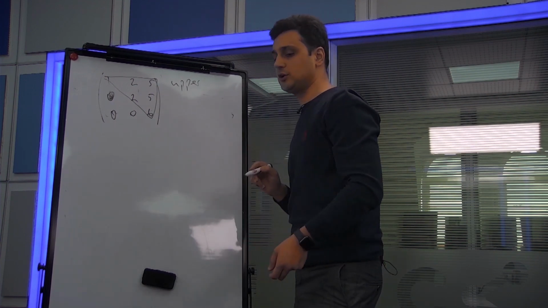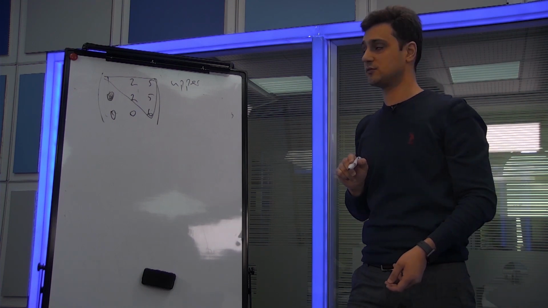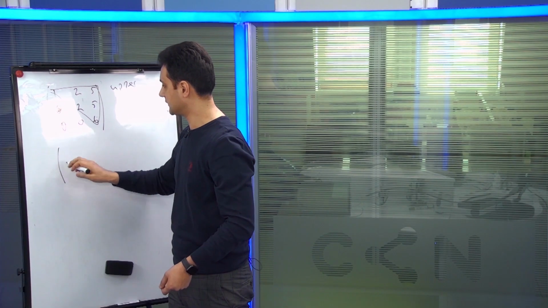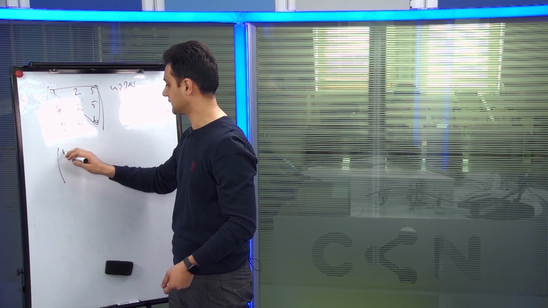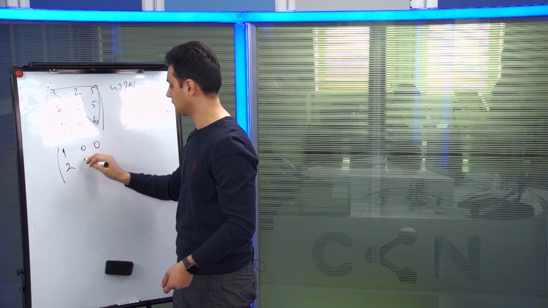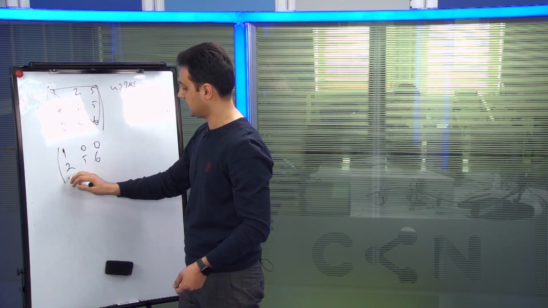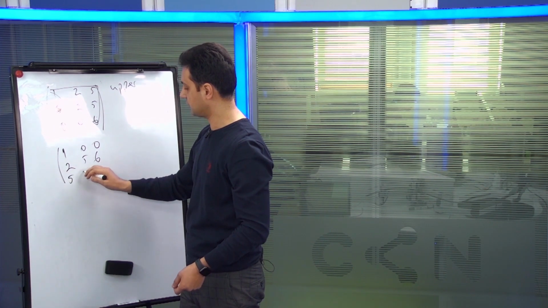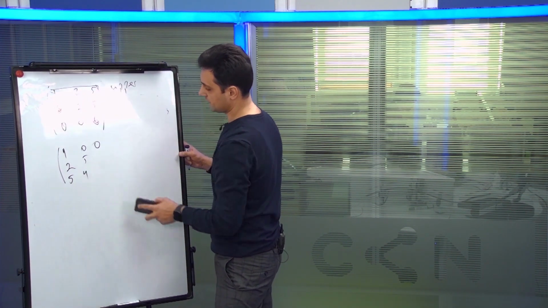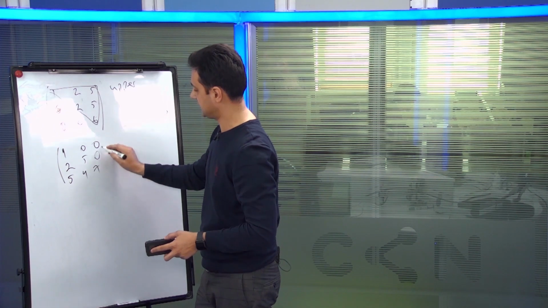We will use this while solving systems of linear equations. Well, another example for a lower triangular matrix: let's say 1, 0, 0, 2, 5, 6, and 5, 4, not 6, sorry. 0 must be, and this is 7.